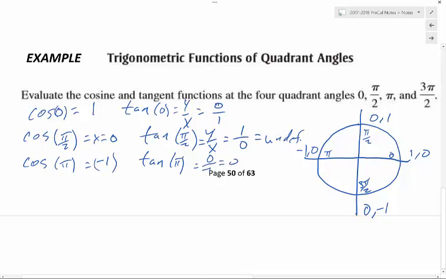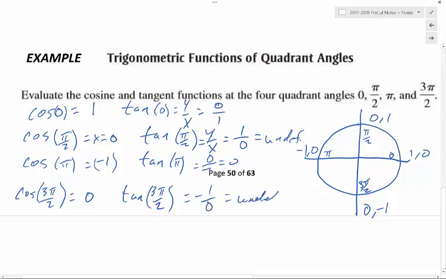And finally, the cosine of 3 pi over 2 is the x-coordinate there, which is 0. And the tangent of 3 pi over 2 is y over x, which is negative 1 over 0, which is undefined.